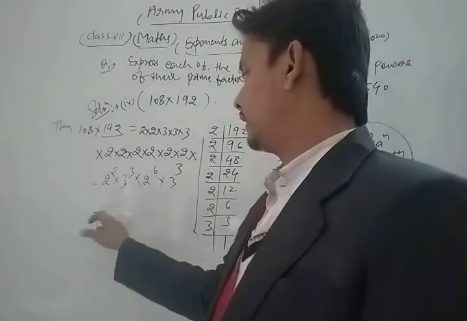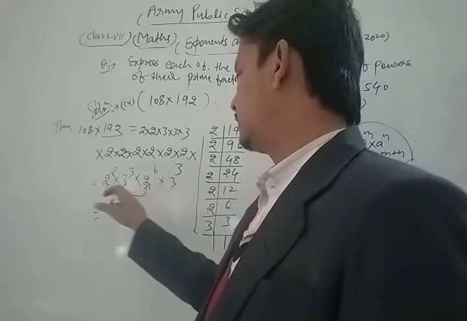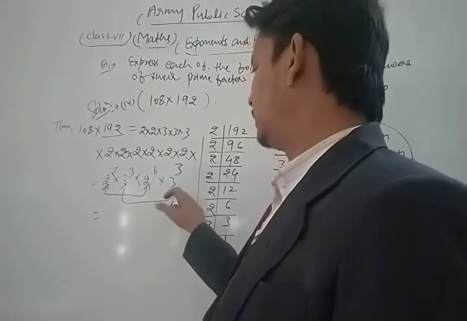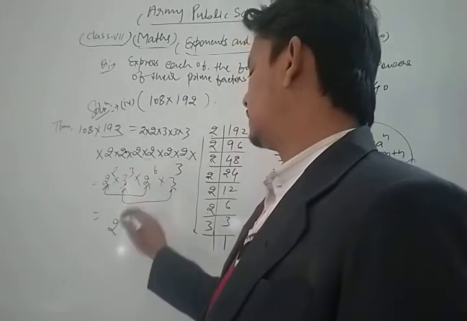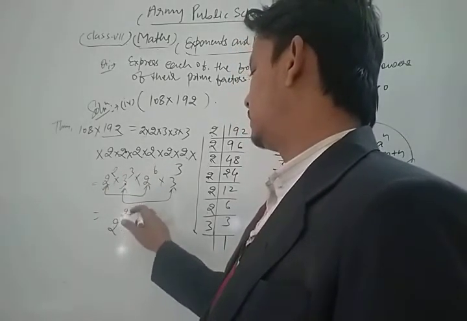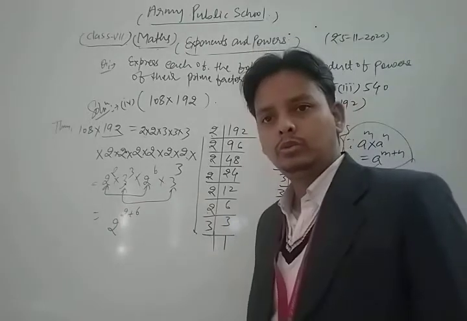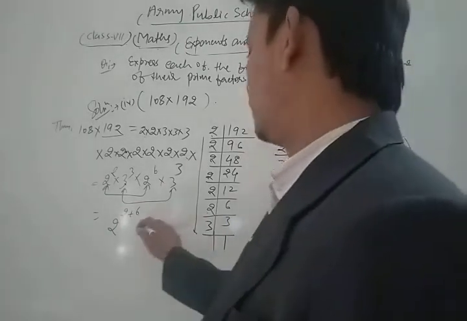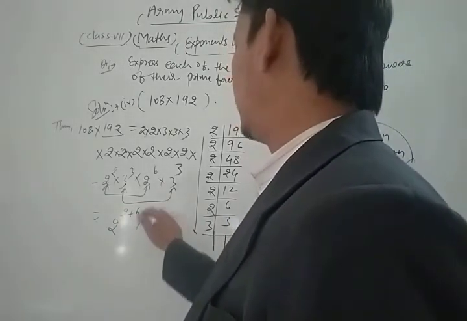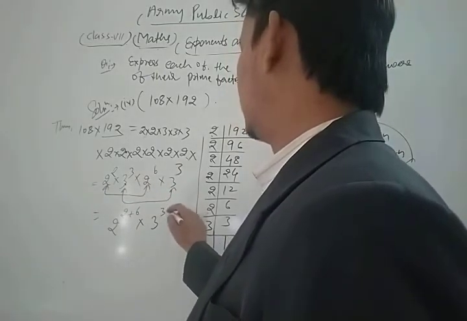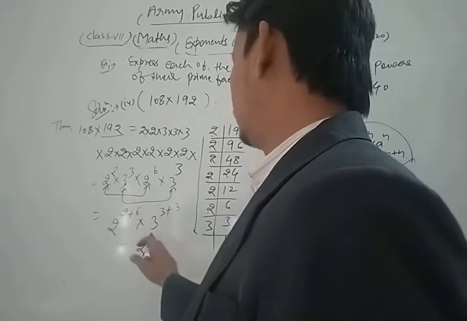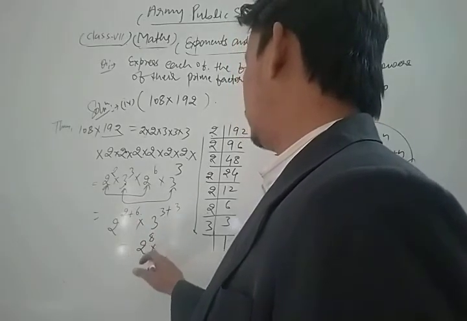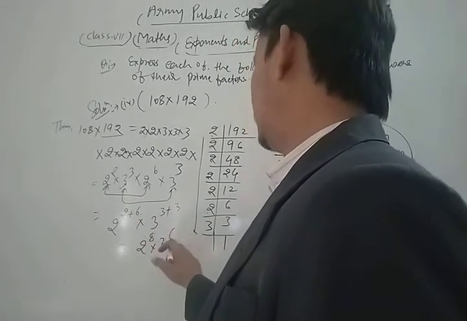Now again we take together 2 power 2 into 2 power 6, and 3 power 3 into 3 power 3. So we get 2 to the power 2 plus 6, into 3 power 3 plus 3. So we get 2 power 8 into 3 power 6.